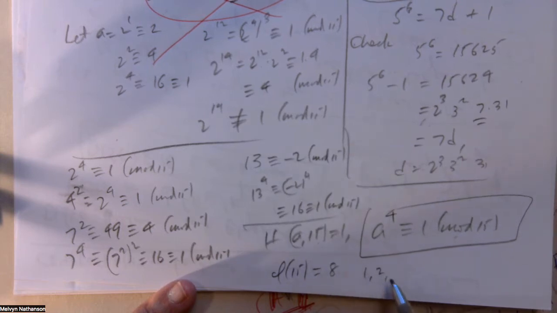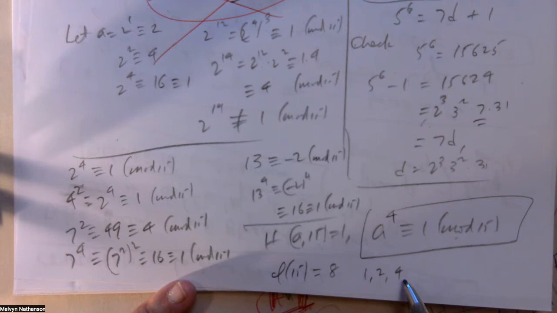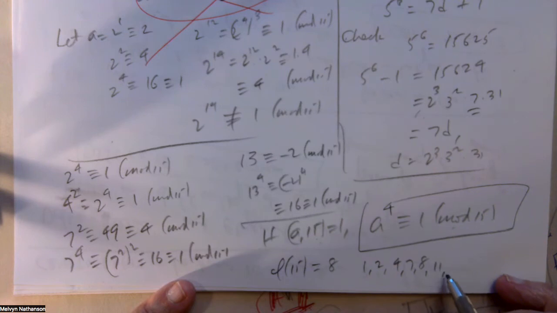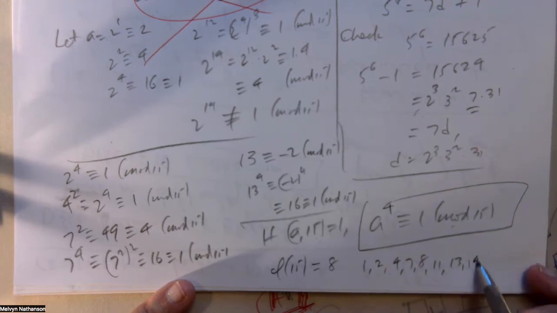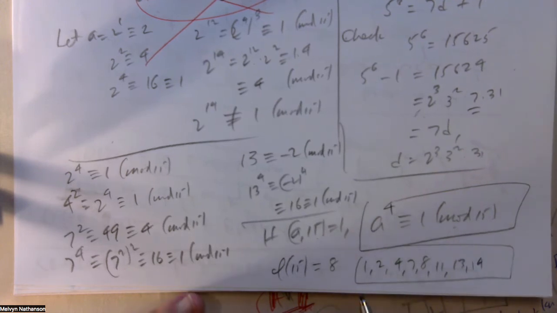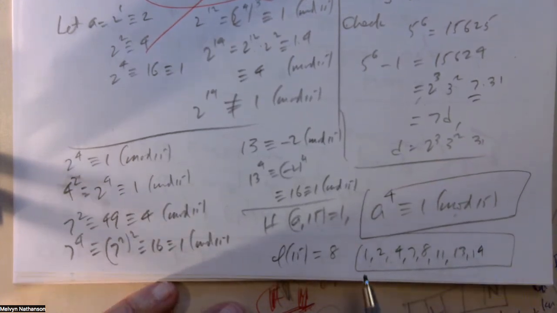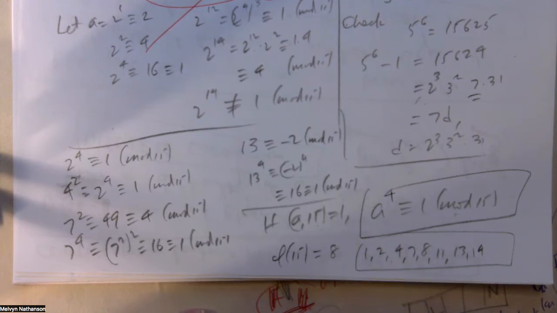They are 1, 2, 4, 7, 8, 11, and 13. 1, 2, not 3, 4, not 5 or 6, 7, 8, not 9 or 10, 11, 12, 13, and 14. So these are the 8 numbers that are relatively prime to 15, between 1 and 15. And every one of them raised to the fourth power is 1.